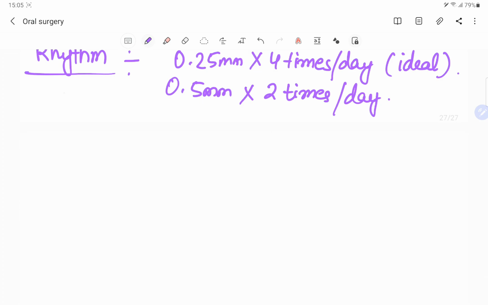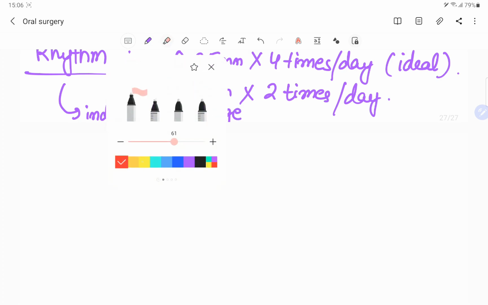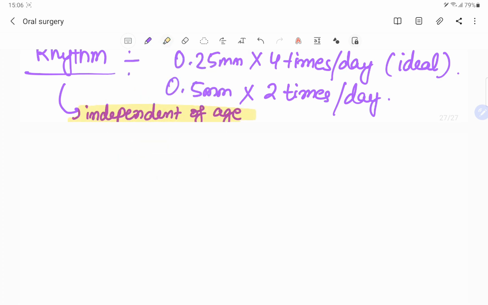So this rhythm is independent of the age. Independent of age. That can be asked as an MCQ. Right.